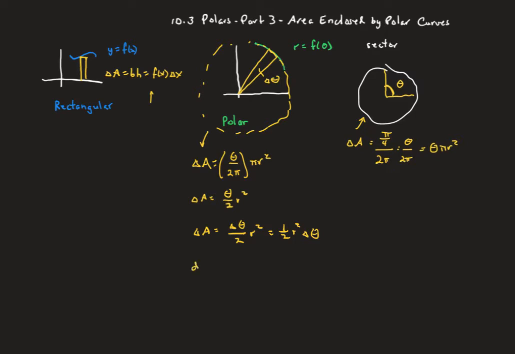And if we think of it more in the symbolism of calculus, that delta area will be the differential area, 1/2 r squared d theta. And remember that r is going to be given to us as some function of theta. So r might be like a rose curve or a limaçon or something like that.